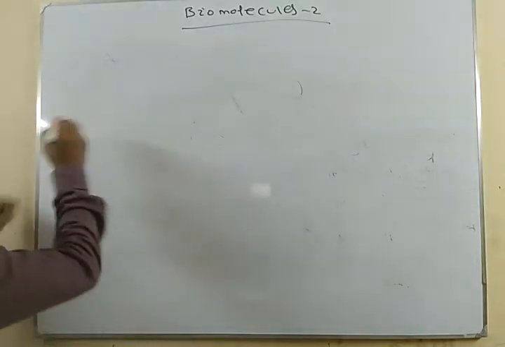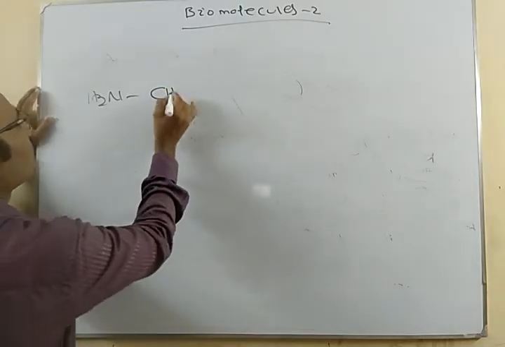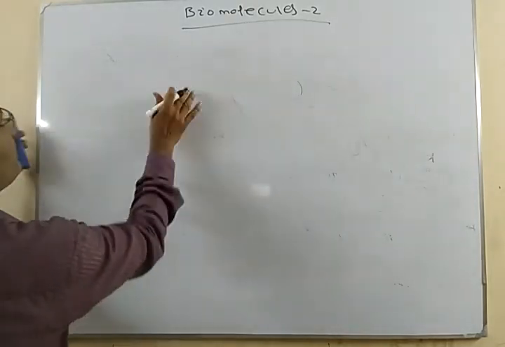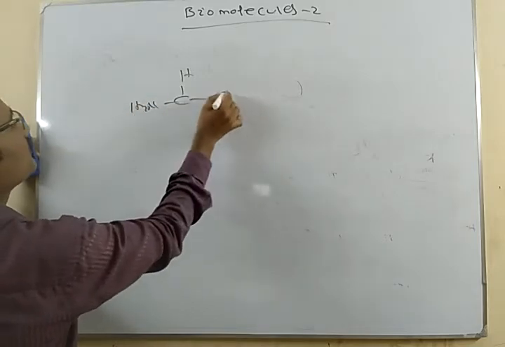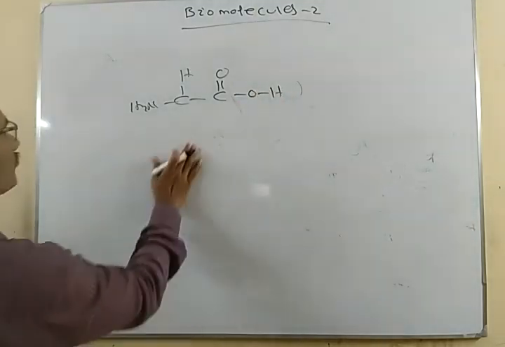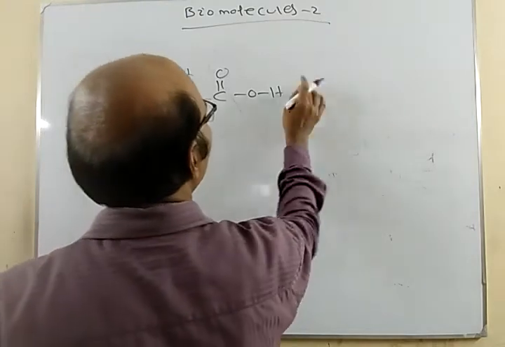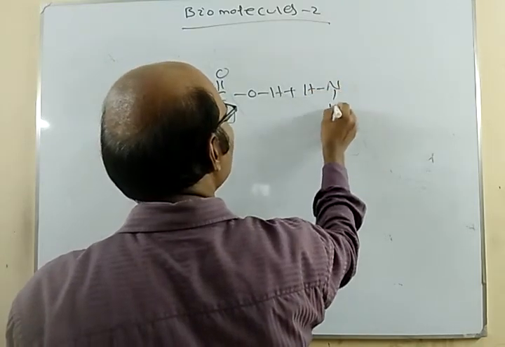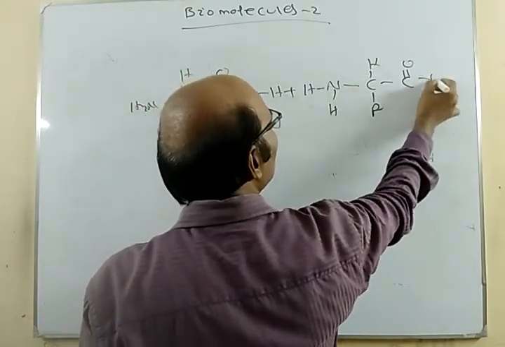Here you see, if I write H2N, C, H, R, C double bond O, OH, plus again if I write H, N, H, C, H, R, C double bond O, OH.